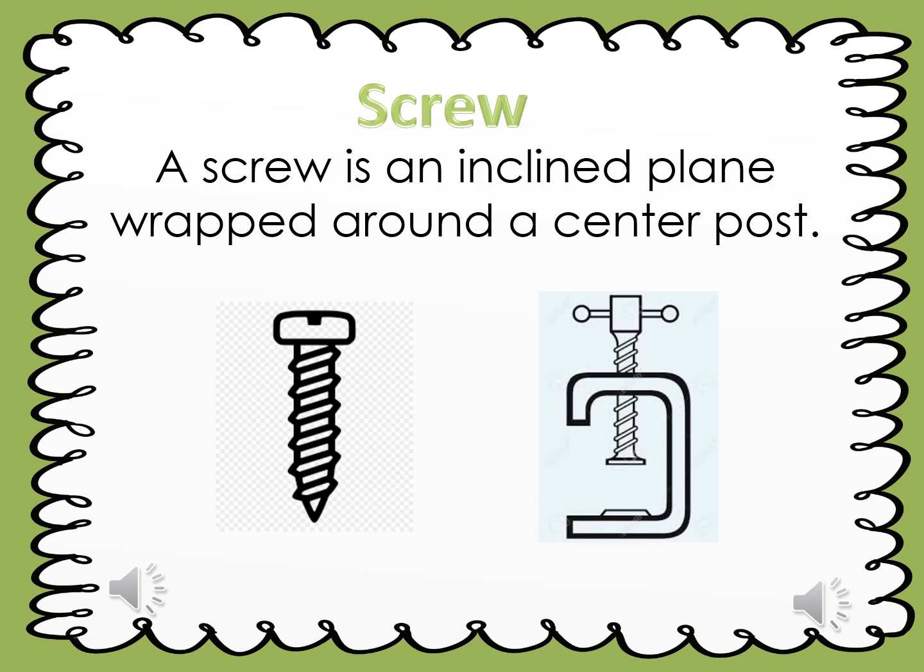The next simple machine that we are going to learn is the screw. A screw is an inclined plane wrapped around a center post. If you see a screw, it's wide at the top and narrow at the end, and the screw is surrounded by a spiral at the center post.